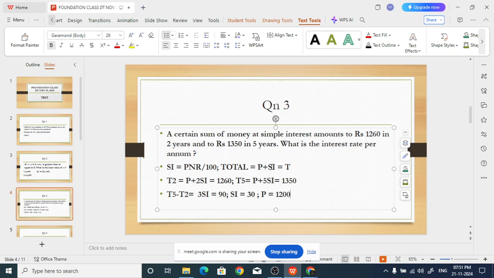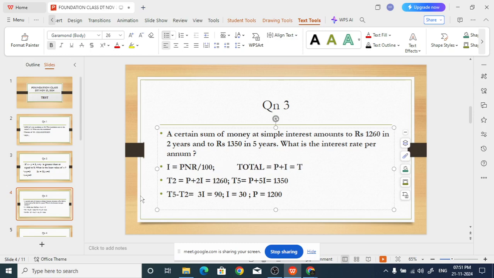I think the confusion is I should have written as I, interest, simple interest, I should not have written as SI. I think that is the confusion you are getting. Now it's correct. Interest is equal to PNR by 100. So total equal to principal plus interest.